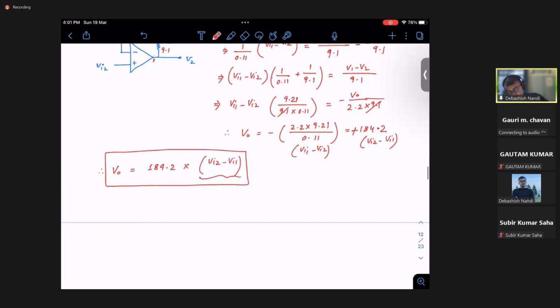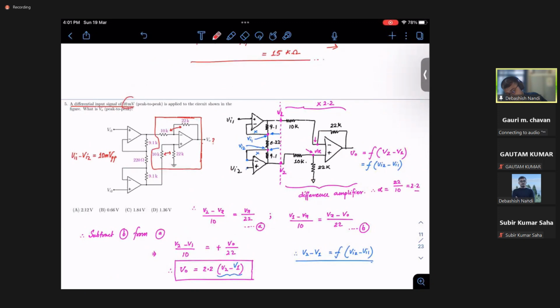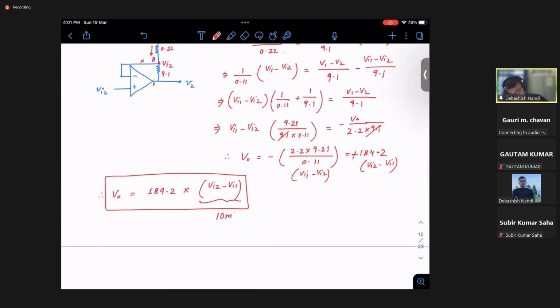So you can see that your V naught will be 1.842 volt, right? So your correct answer would be option C.